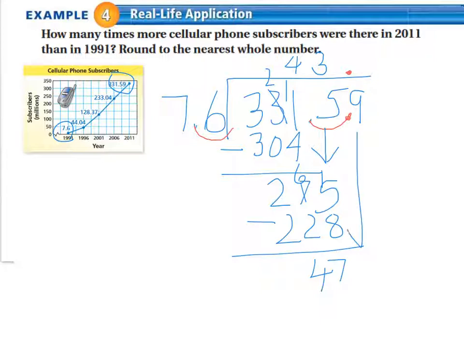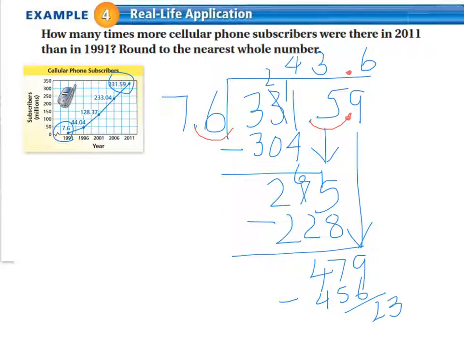And bringing down the 9. How many groups of 76 are in 479? I believe there are 6. Notice I'm putting the numbers in my quotient directly above where I'm dividing through. 6 times 76 is 456, which leaves me with 23.